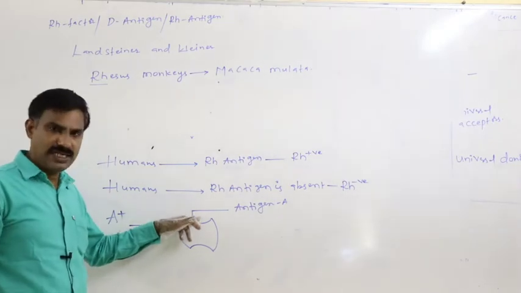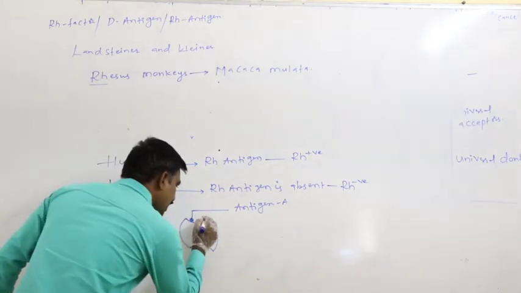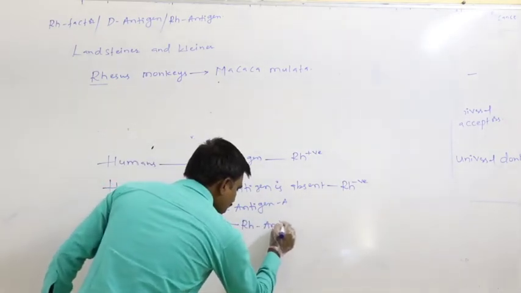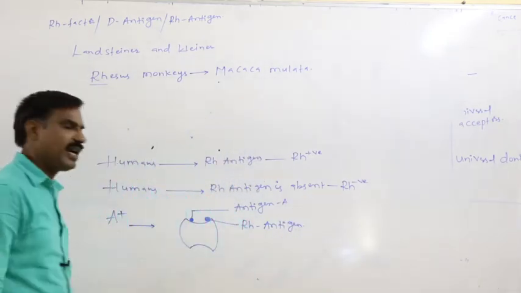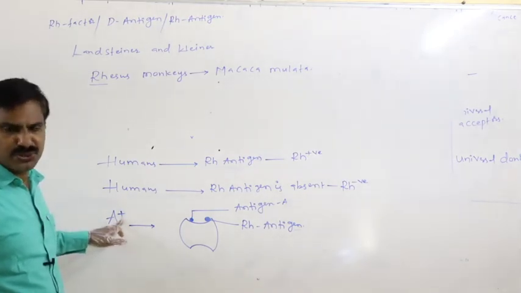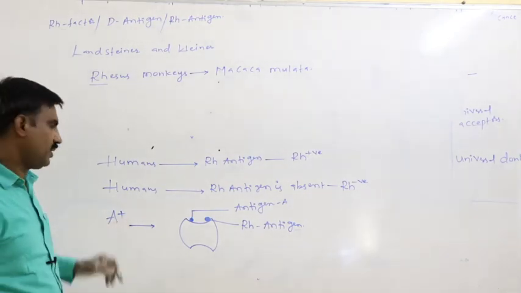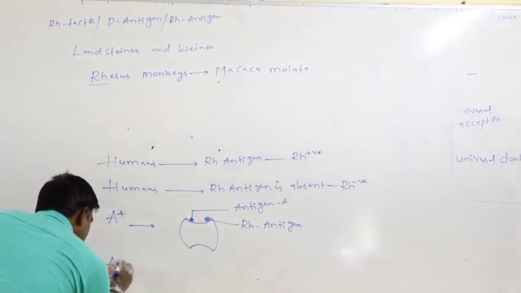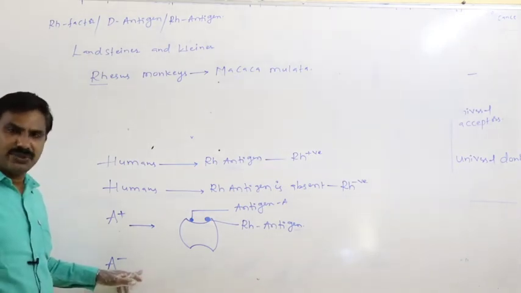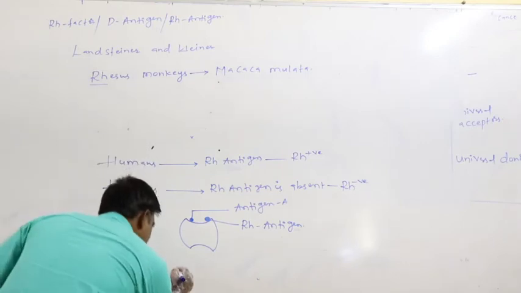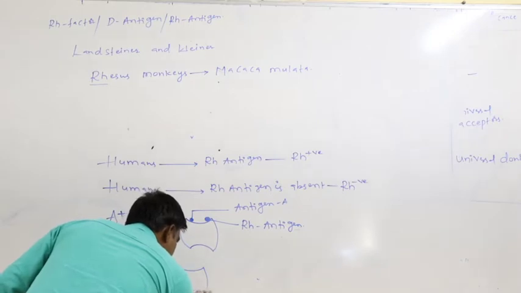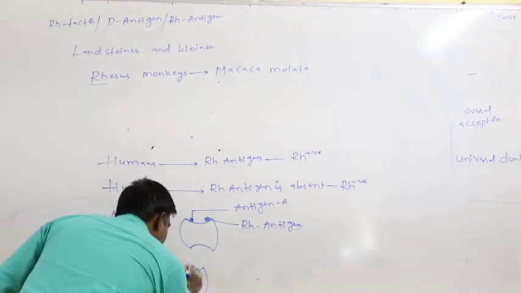In addition to that, if another antigen, that is the Rh antigen, is also present, then we can say that is A positive. Otherwise, A negative. When we say the particular person's blood group is A negative, on the surface membrane of RBC only antigen A is present.